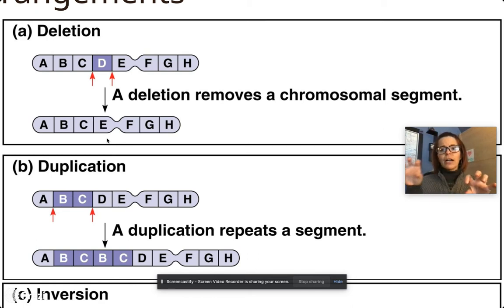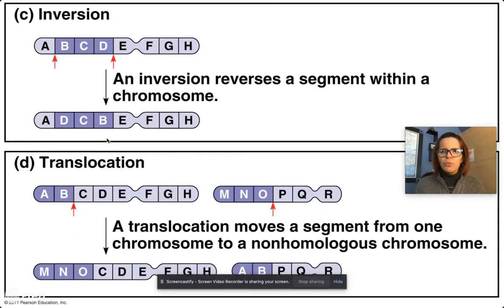Duplication, you can actually copy parts of chromosomes accidentally. And we saw that with the proto-oncogene. Proto-oncogenes are supposed to tell the cell when to divide. But if we have a mutation that leads to lots of proto-oncogenes that aren't supposed to be there, the cell is going to keep dividing because they're going to keep telling the cell to divide. So that would be an example of a duplication.